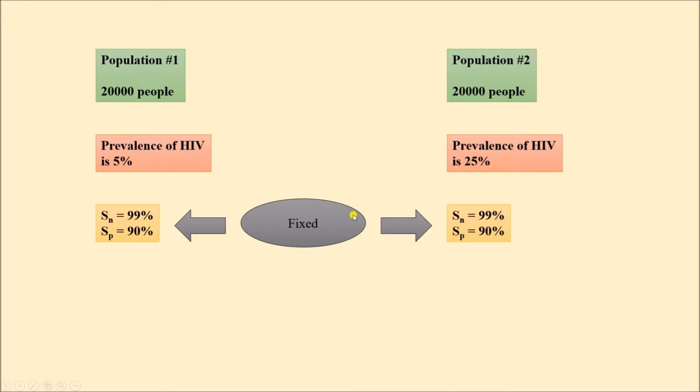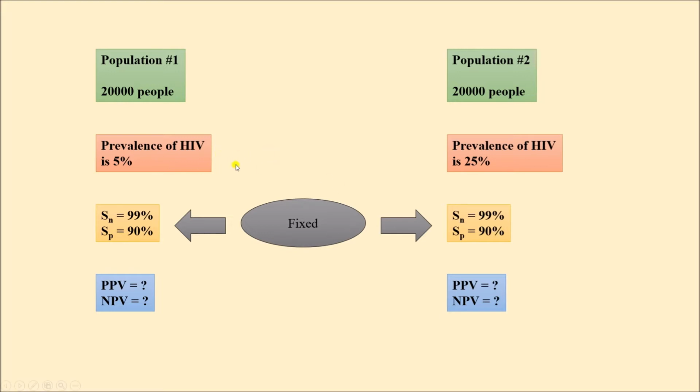So after applying this test, we shall try to find out the positive predictive value and negative predictive value in population 1, also the positive and negative predictive values in population 2. So as you can see from this slide, since we are comparing between two populations, both having 20,000 people and having the same test with the same sensitivity and specificity, the only difference between these two populations is the prevalence of HIV.